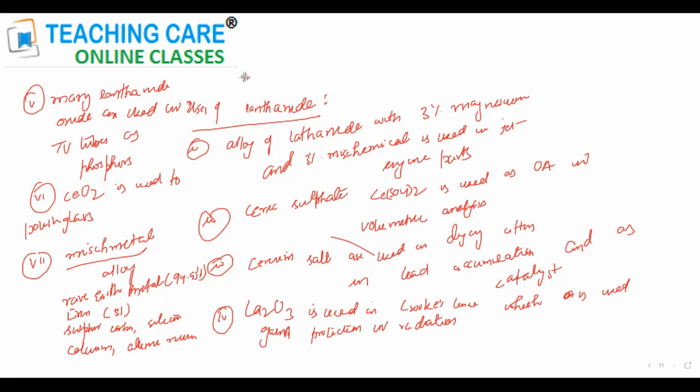The main rare earth metal is cerium, 40%, then lanthanum and neodymium as 44%.